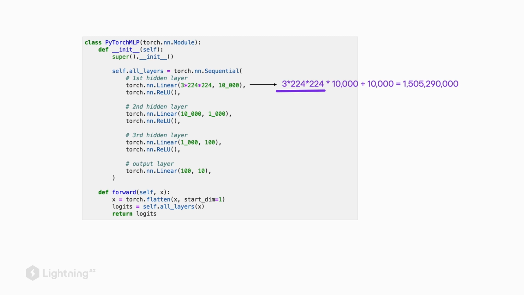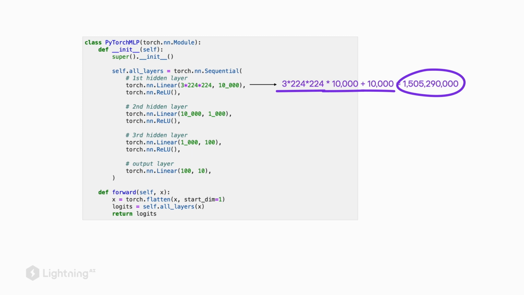Then if we have 10,000 output nodes in the next hidden layer, we multiply that number by 10,000 and add the 10,000 bias units to compute the total number of parameters of this layer. You can see that for this fully connected network, the first layer already has 1.5 billion parameters.